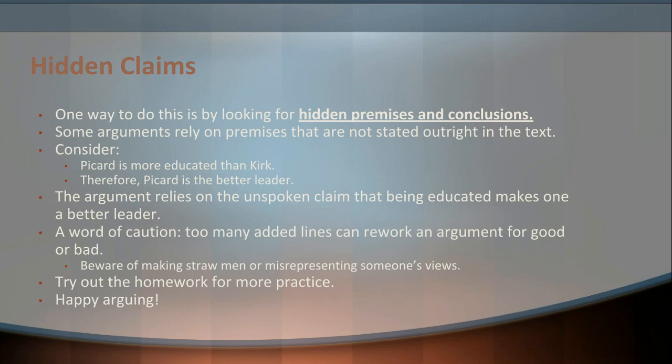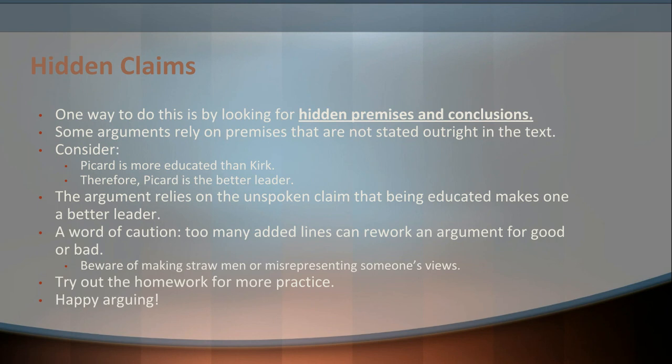But this argument right here could be a good argument. But if we simply look at it at face value, it seems as though there is a bit missing. It seems like quite a jump to go from more educated to better leader.